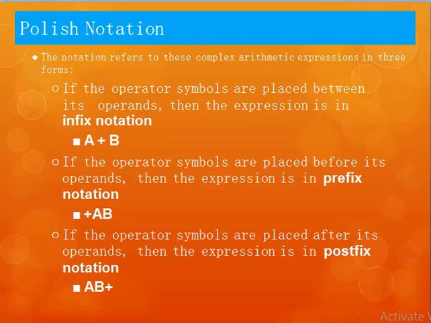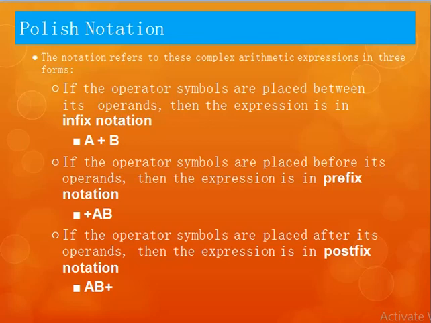If the operator symbols are placed between its operands, then the expression is called infix notation. If the operator symbol is placed before its operands, then the expression is called prefix notation.